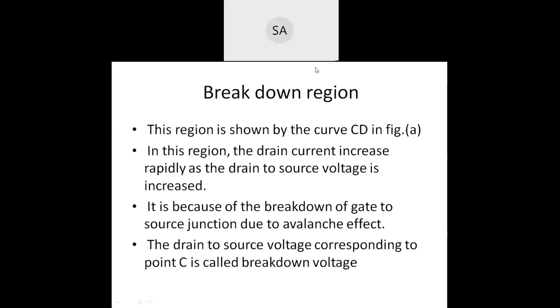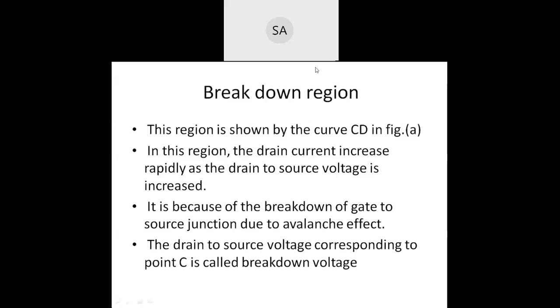Because once the channel is closed at the pinch off voltage and we again increase the voltage, what will happen to the junction? The junction will break down. Then there is a rapid movement of charge carriers. It is because of breakdown of the gate to source junction due to the avalanche effect.